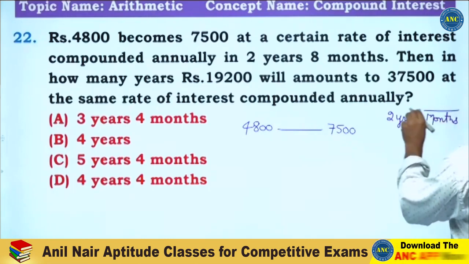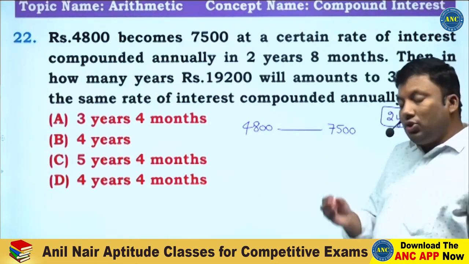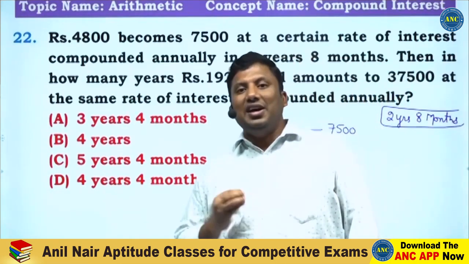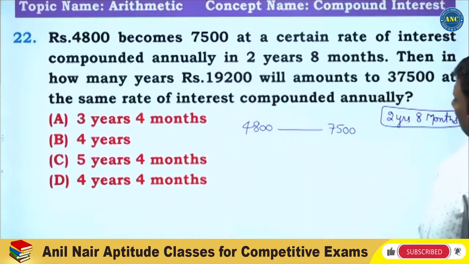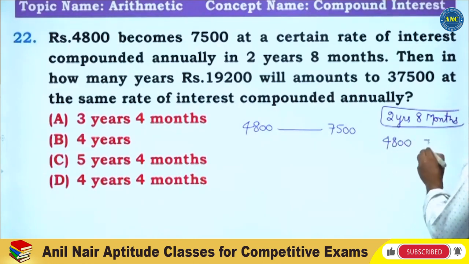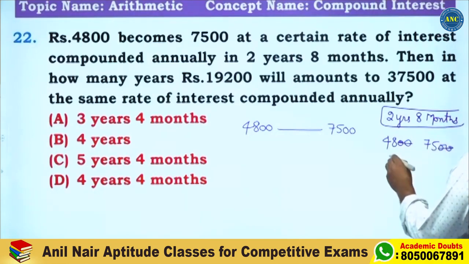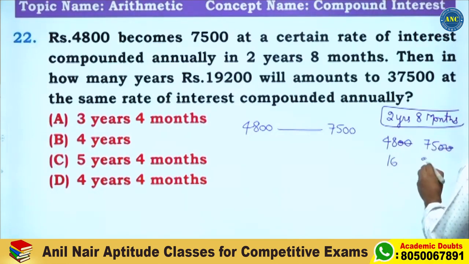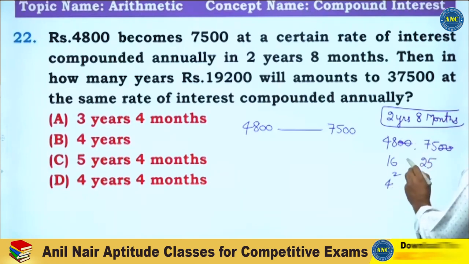First let us see whether this time period should be equally distributed. For us to know whether the time period is equally distributed or not, we have to find out the scaling factor. What is the scaling factor? 4,800, next is 7,500. Cancel the zeros. It is 3 16s are 48, 5 25s are 75. It is 4 square and 5 square.